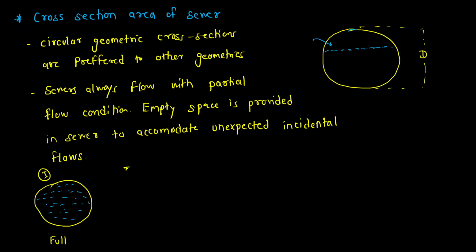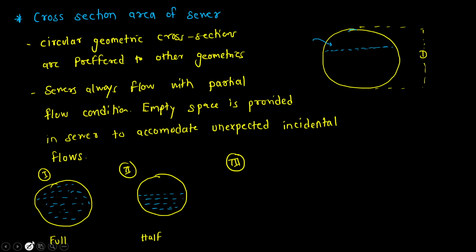Now in the second case, the sewers are running half. If we take the total capacity, 50% of it is utilized. In the third case, we don't know the exact level, so we'll represent it with other geometrics like theta.